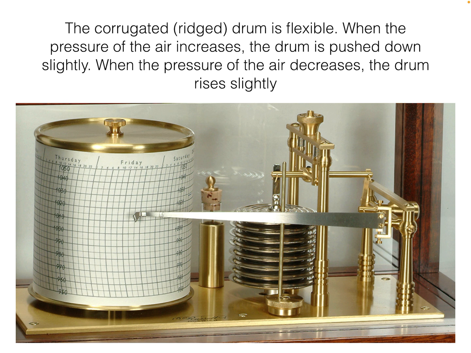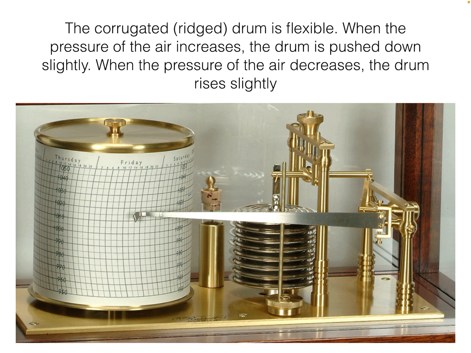You can see that attached to the drum, kind of in a roundabout way, is a silver pointer or a lever. As the drum moves, the lever moves, and at the very top of the silver lever there's ink on it, and it marks off on the sheet of paper on the rotating drum. So you have the smaller drum in the middle, that's a corrugated drum that's ridged, and you have the bigger drum on the left-hand side, that just has a sheet of paper on it, and you can see it says Friday.